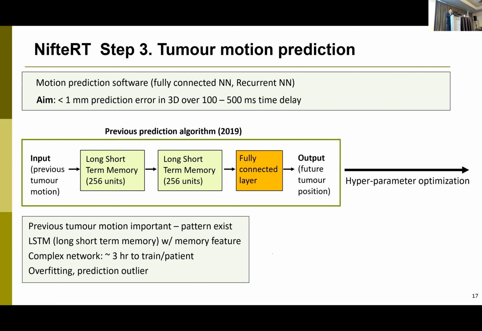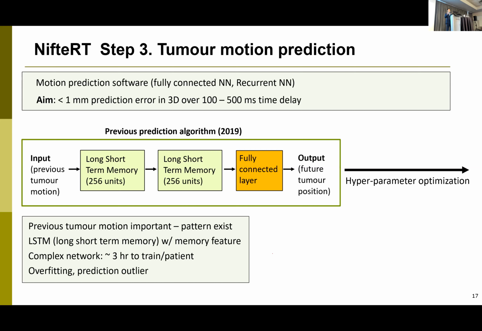I use recurrent neural network now because I really wanted to have an algorithm that can utilize the previous history or previous memory of tumor motion for future tumor position prediction. Because the main reason of tumor motion is breathing motion. And breathing motion, it's got some pattern in it, even though it changes all the time.